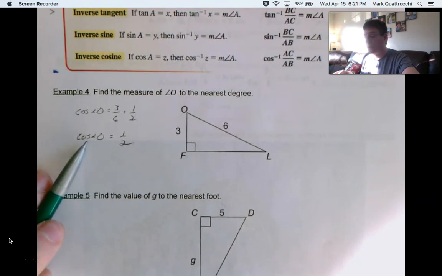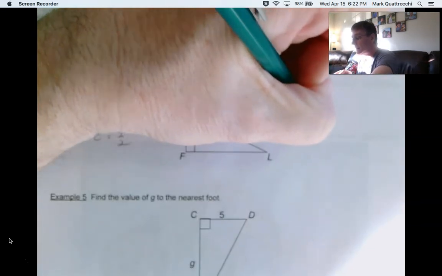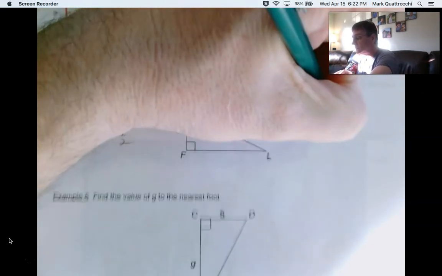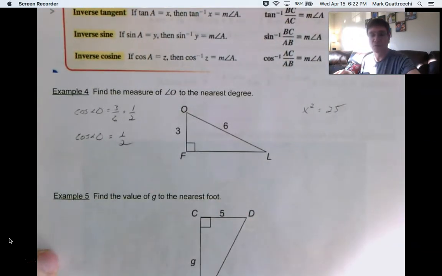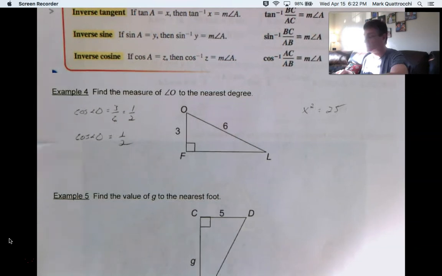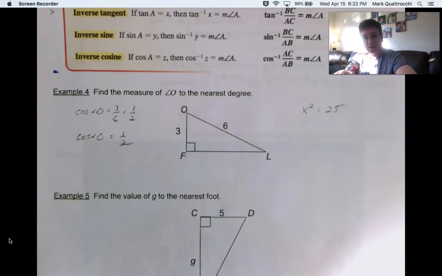Well, we have to find the opposite function of cosine. What undoes cosine, right? For example, if we had x squared equals 25, and we wanted to solve for x, we would have to know what's the opposite of squaring. Well, the opposite of squaring is square rooting. So you would square root both sides.